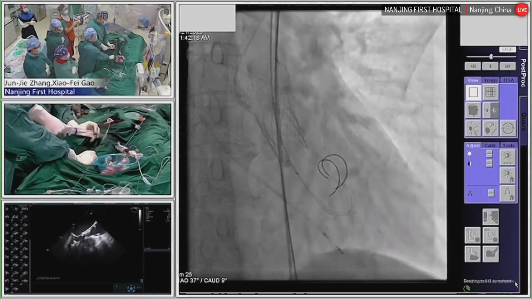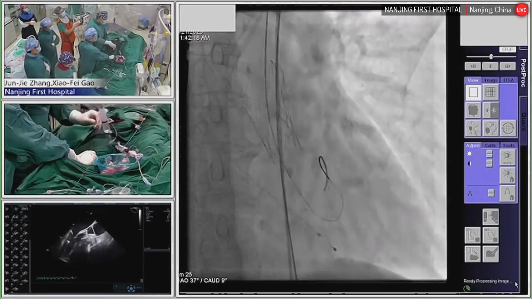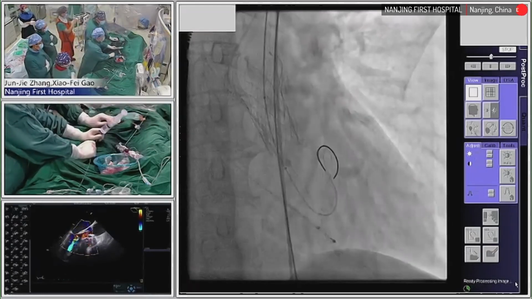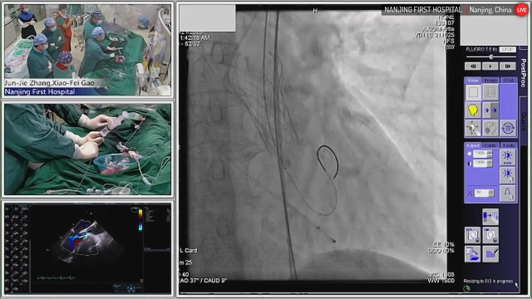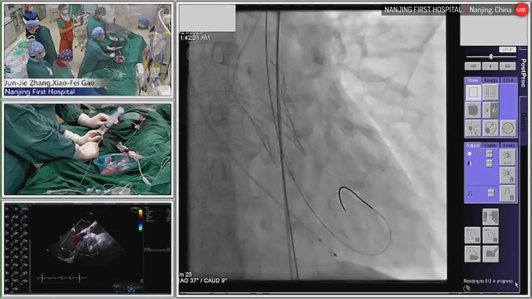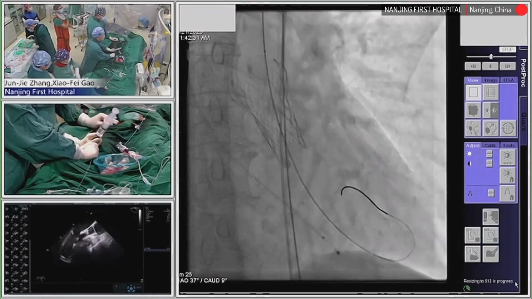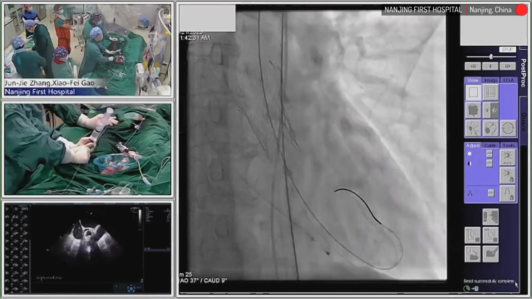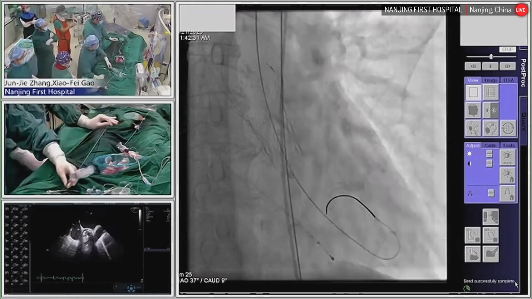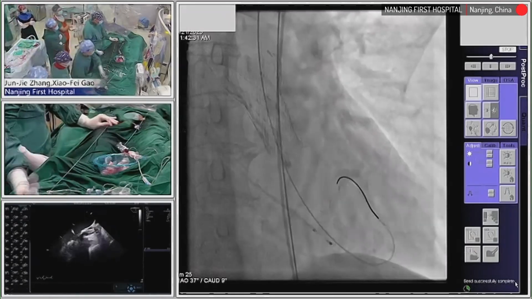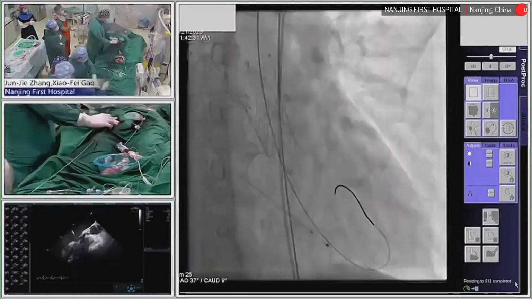Yeah, now after post dilation, it seems better. Yeah. Okay, stop pacing. 保持，不要我提示。定了，已经定了。I think now the shape of the valve is good there. Yes. The position after post dilation is not changed.